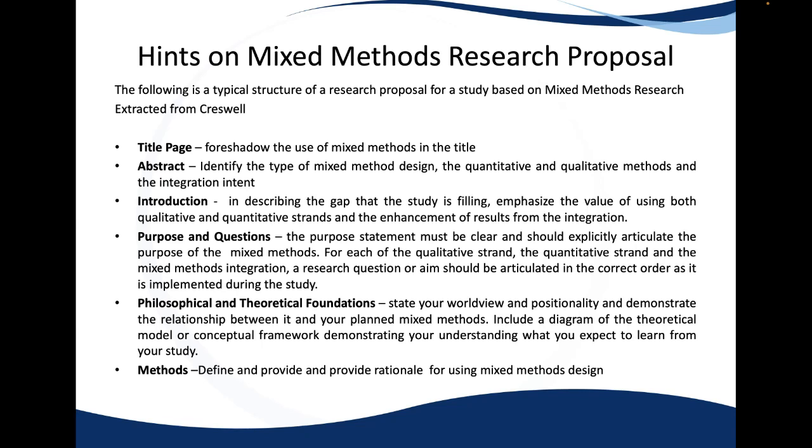Look, a mixed method study is research nonetheless. So the rules are exactly the same in many ways, but where they differ is that when it comes to describing the methodology, you must describe both the quantitative and the qualitative methods.